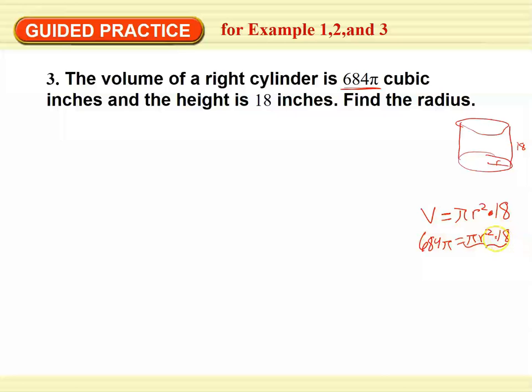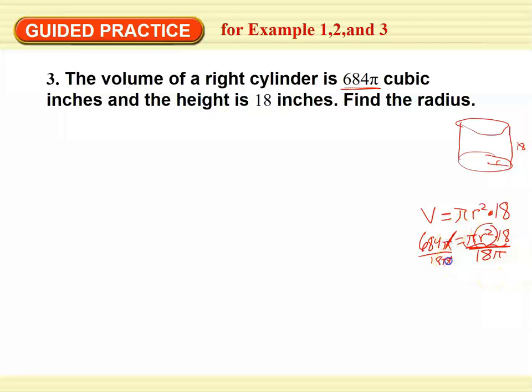It's all grouped together. So then what I need to do is divide, because I'm multiplying by 18, so I need to divide by the 18. And I also need to divide by the pi. I need to get rid of those two things because I'm multiplying by pi and I'm multiplying by 18. And I want to divide both of those out to get the r by itself. And right now I just want to focus on getting the r squared by itself.